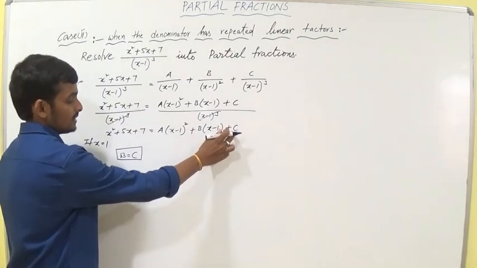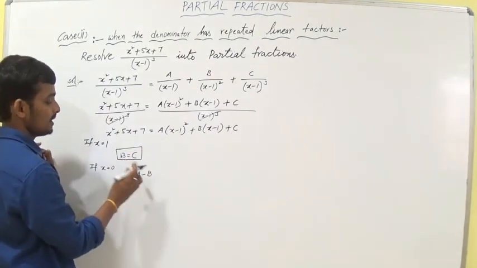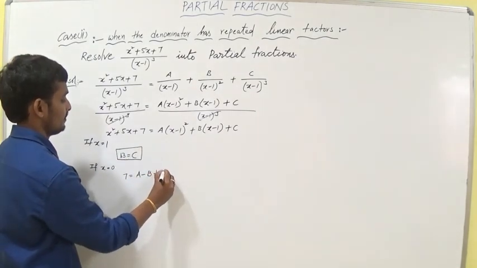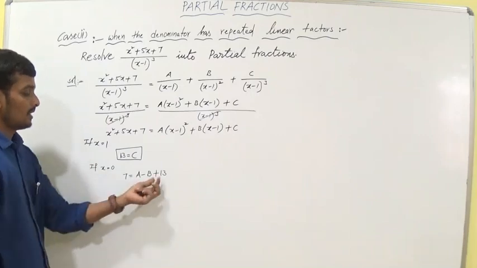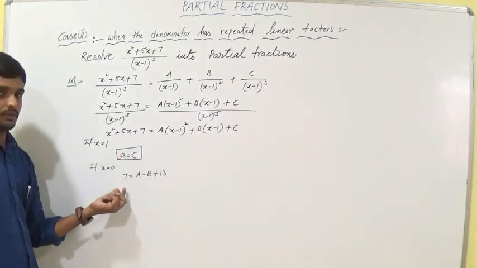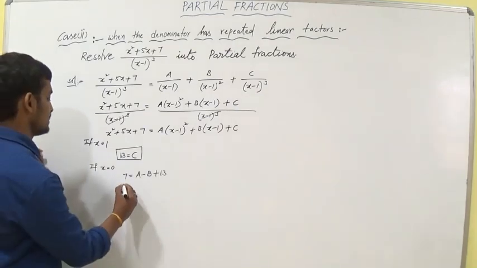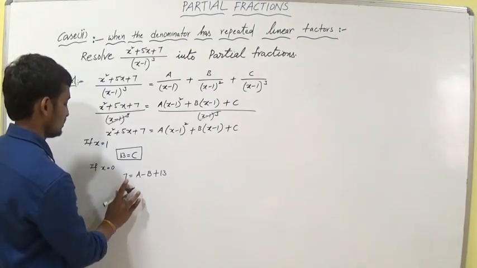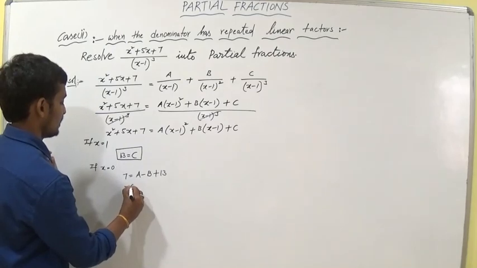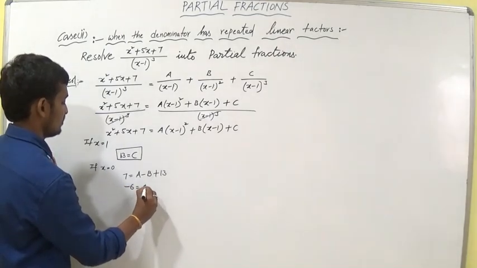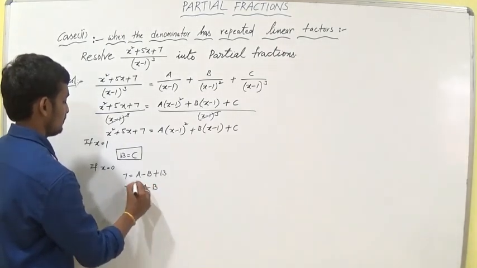Here c, already we know the value of c is 13. This time 13 transpose to here, it becomes minus 13, 7 minus 13 is equal to minus 6. That means what you are getting, minus 6 is equal to a minus b.